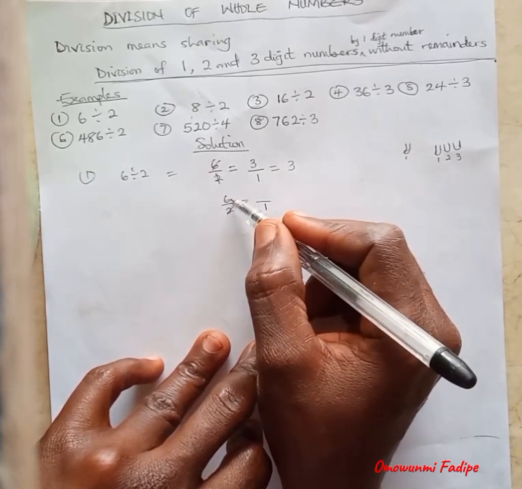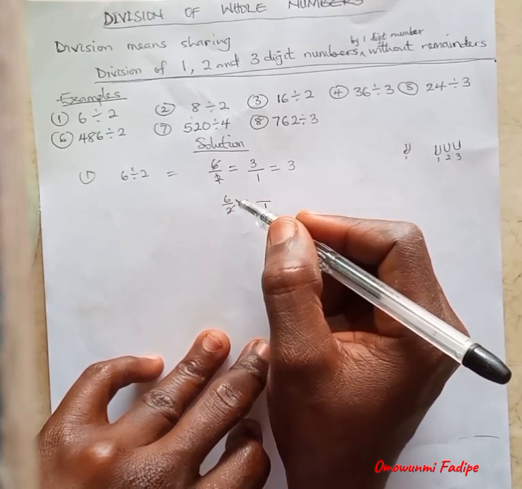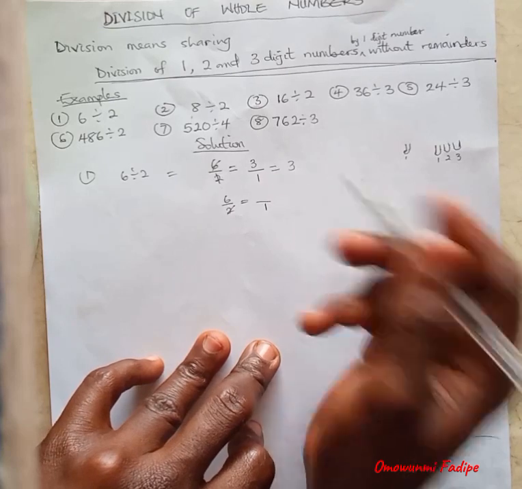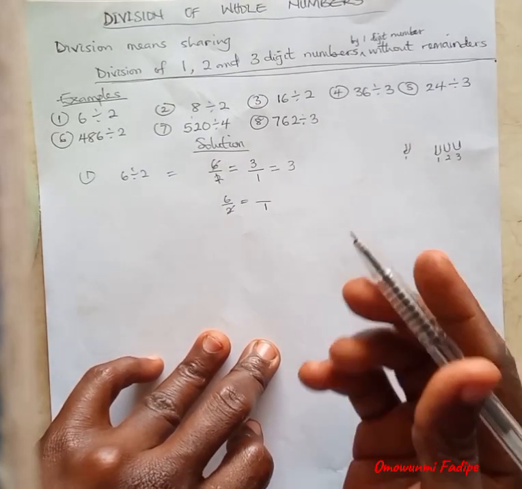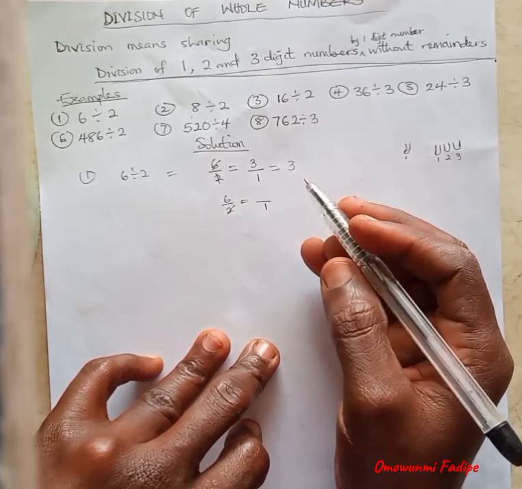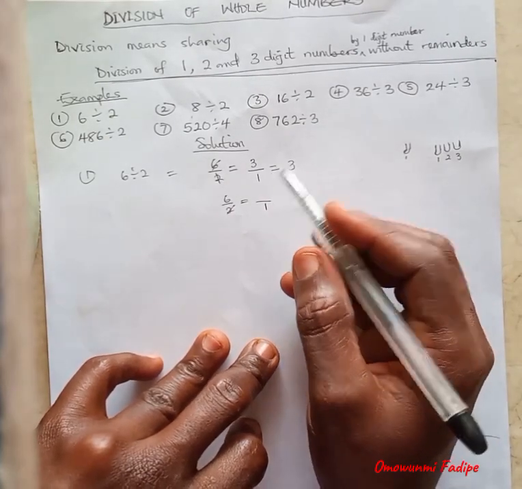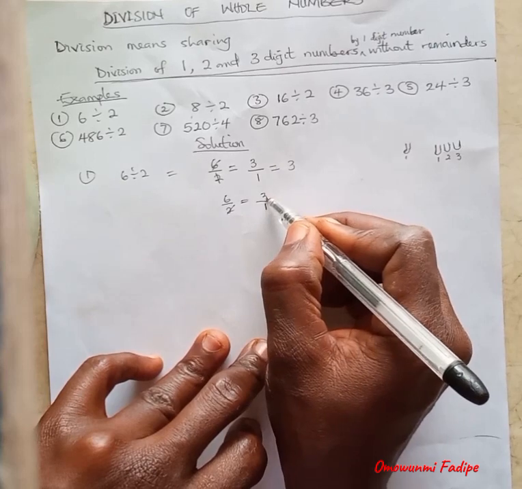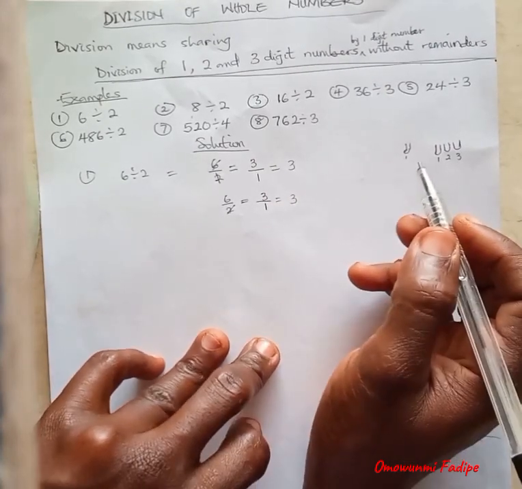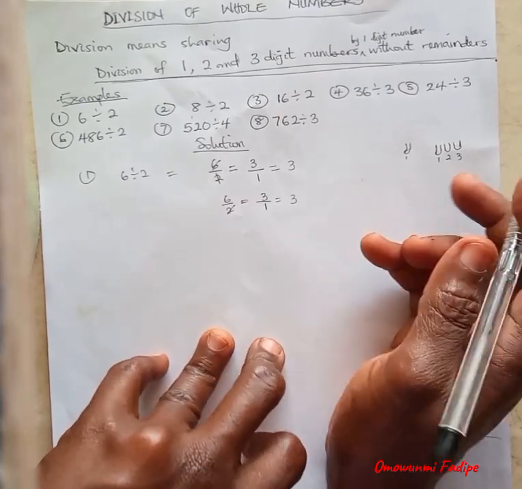And 2 times what will give me 6? 2 times 1, 2. 2 times 2, 4. 2 times 3, 6. That means 2 times 3 will give me 6. So that 3 is my answer. And it's still the same answer that I will get.